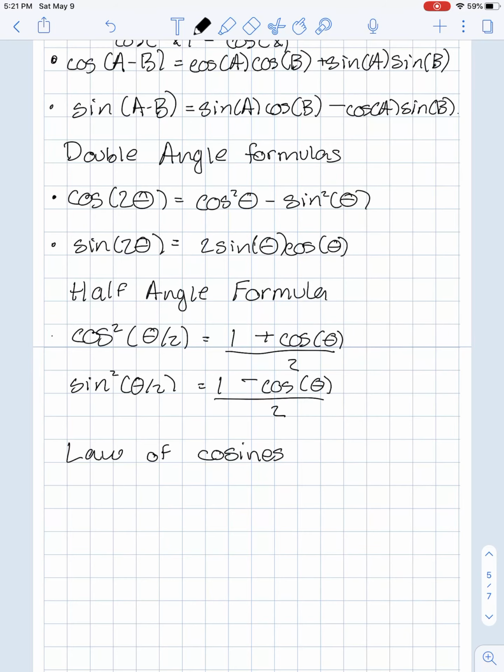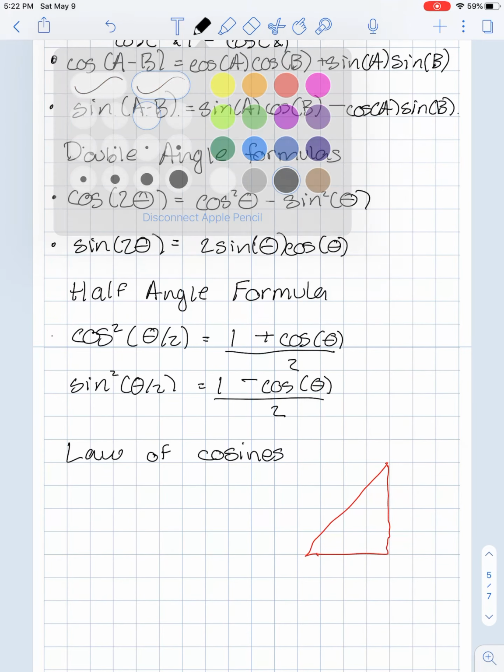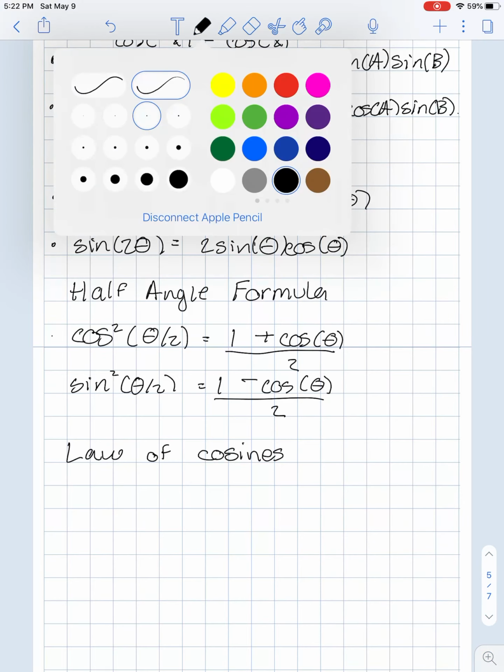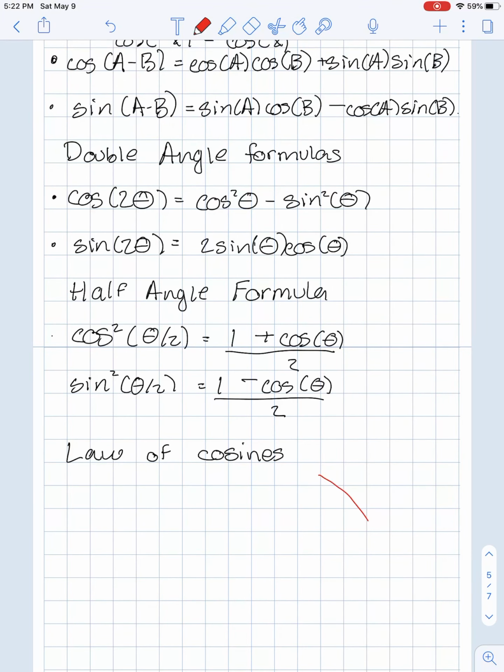If we have this fun little triangle where A, B, and C are the sides, we're going to call this theta, this is C. Let's make this triangle not necessarily a right triangle.